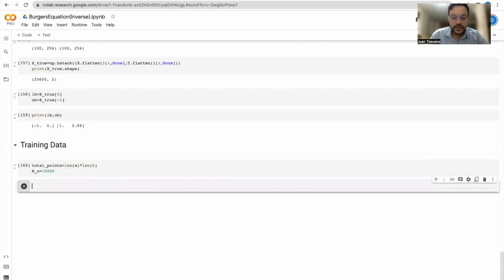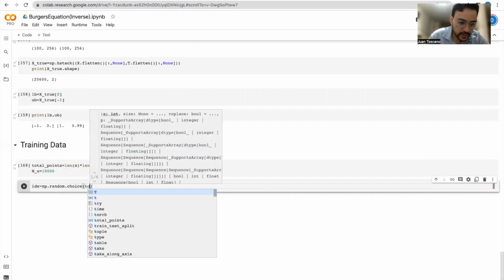Now let's create an index of random numbers. To do that, we will have np.random.choice of what, and the upper bound will be the total points.